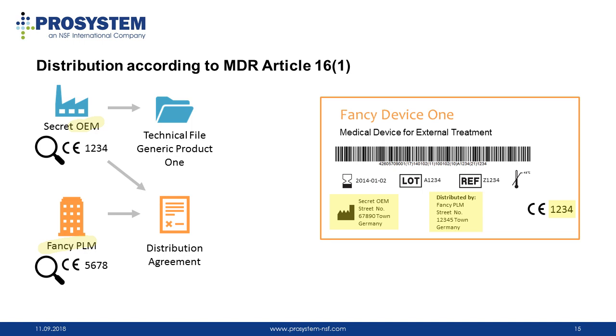In this constellation, the OEM has to do all these product registrations. So you are a lot more dependent on your OEM, on the performance of your OEM, on the capabilities of the OEM. So you have to make sure to pick a good OEM where you can be sure that they will be able to fulfill all these requirements.